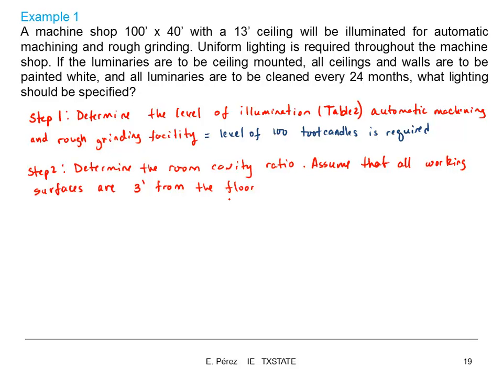We have the RCR equals 5 times (13 minus 3) times (100 plus 40) divided by (100 times 40). And that equals 1.75. And remember, we're going to use this ratio for the next step.